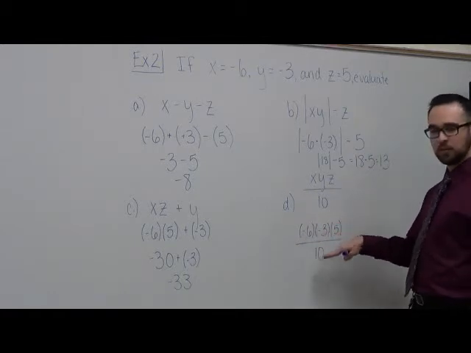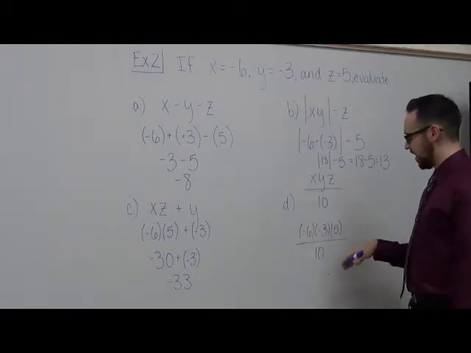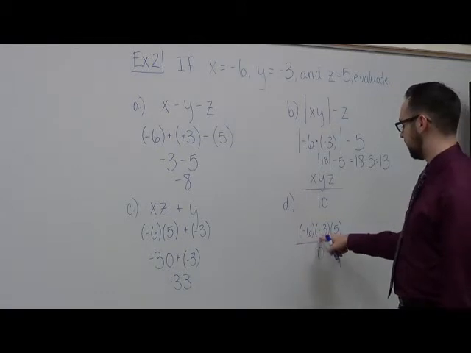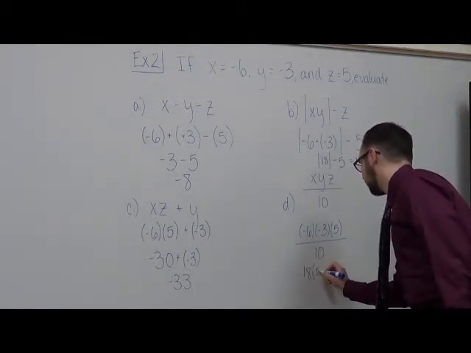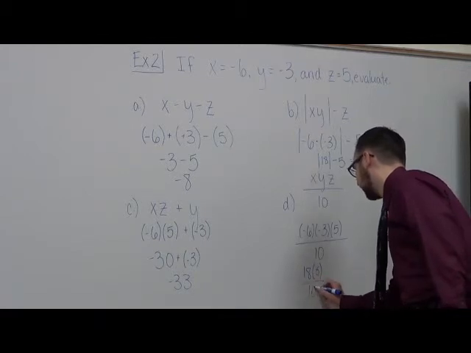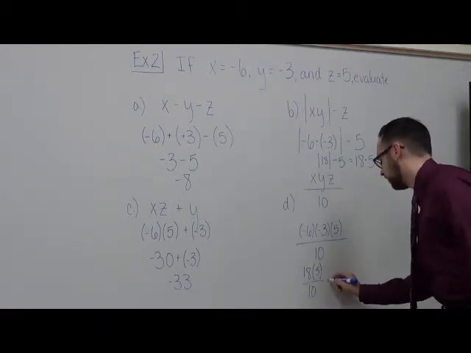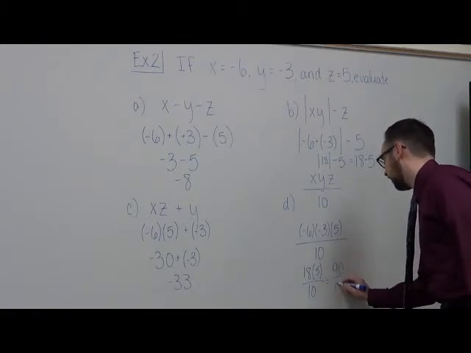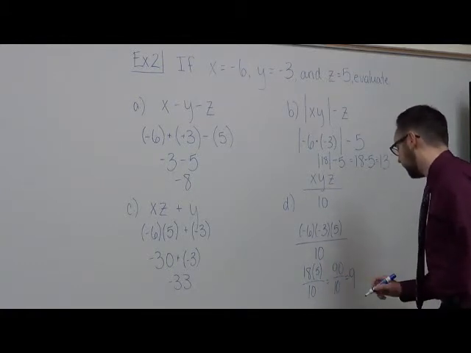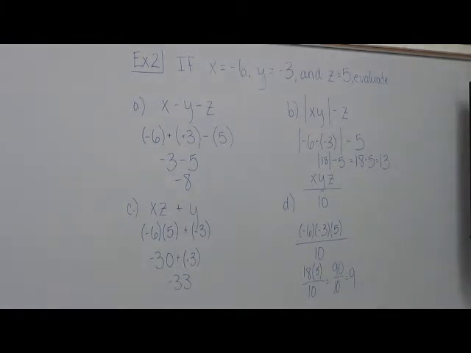You want to get one number on top and one number on the bottom, and then do the division. So -6 times -3 is going to be 18 times 5 divided by 10. So 18 times 5 is going to give us 90. Divided by 10 is going to give us a final answer of 9.